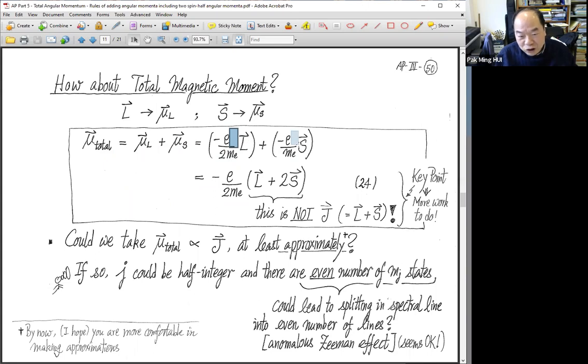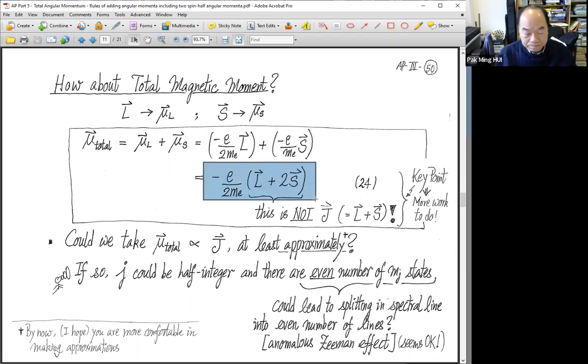But here there's a g factor that is a 2, canceling a definition of 2 here. That's why you have a different prefactor. Because of this difference, when you factorize out a common factor, you actually get L plus 2S. So this equation is formal: the total magnetic dipole moment associated with orbital and spin angular momenta is equation 24.